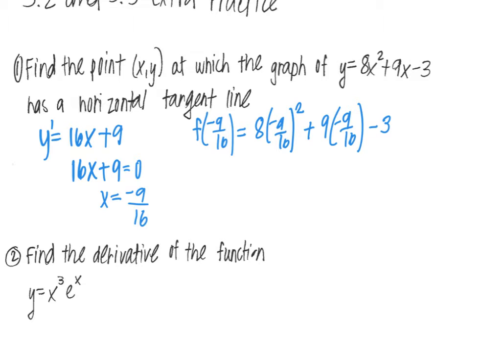I had people messing up right here when they were squaring that negative 9 over 16. When you square a negative, you get a positive. So that came out to be a positive 81 over 256. And we simplify this down, and I get negative 177 over 32.